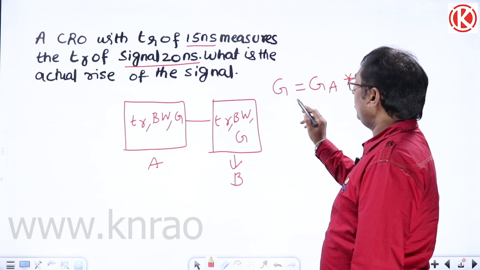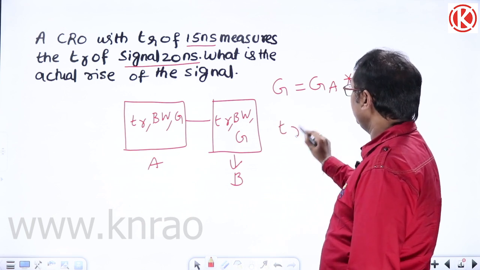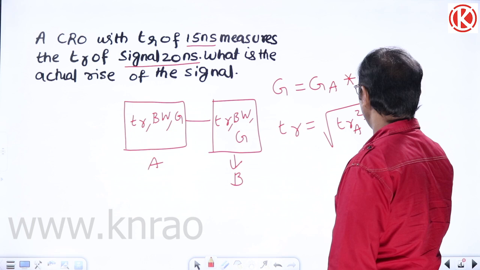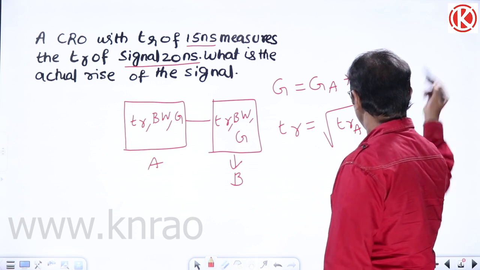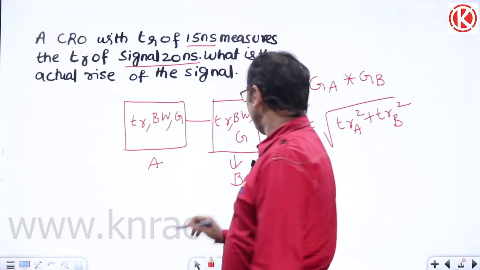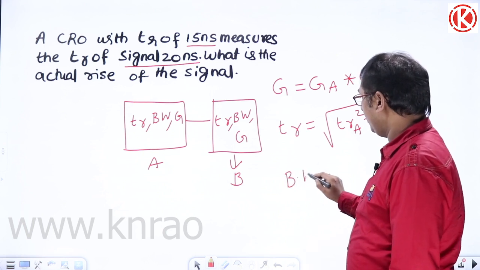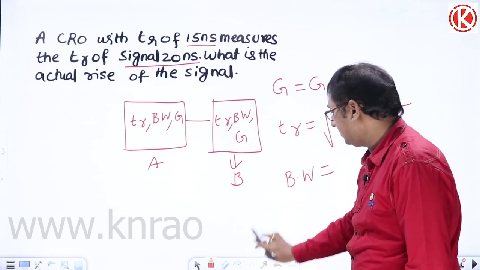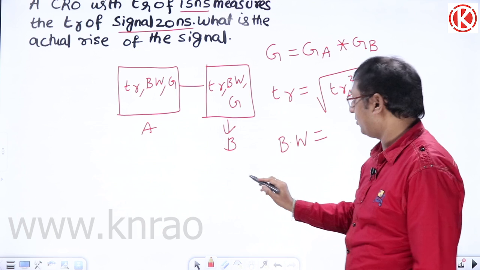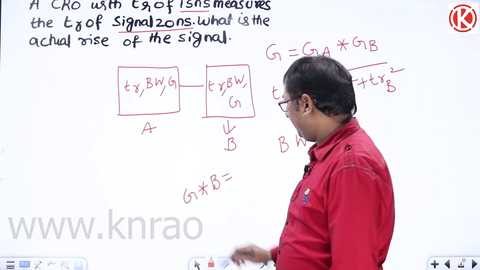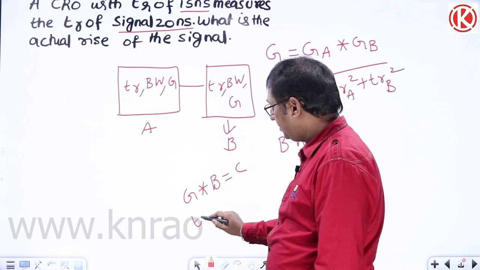Next, what is the overall rise time? You can write it as the root of rise time A square plus B square. What is the overall bandwidth? Gain bandwidth product is constant.